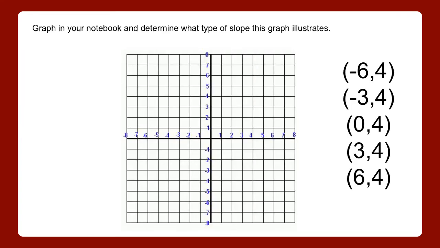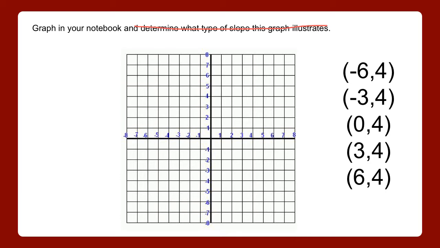Okay, zero slope. Again, we don't have to determine it. I told you what kind of slope it is. You have a couple of options. If you'd like to pause me now, you can graph before me. If you want to graph with me, we'll do it together. And if I go too fast, make sure you pause after so you can get caught up.